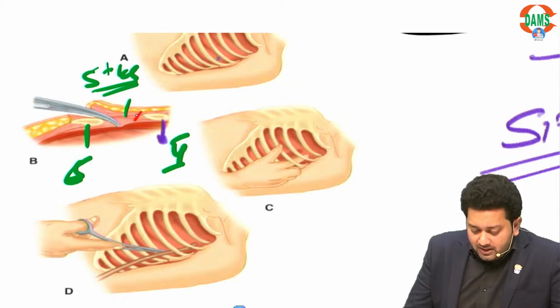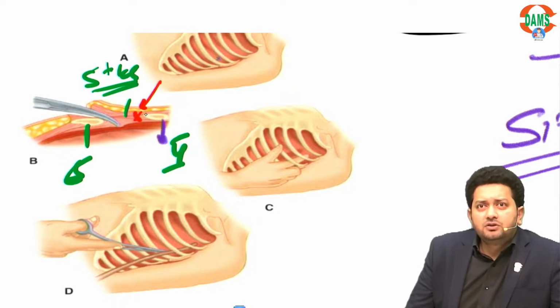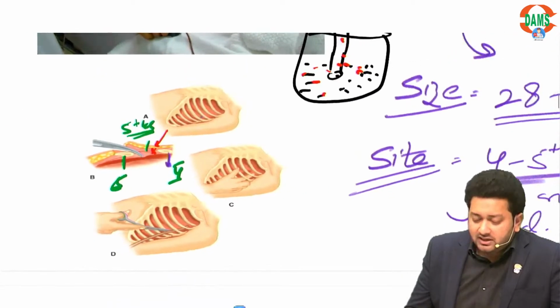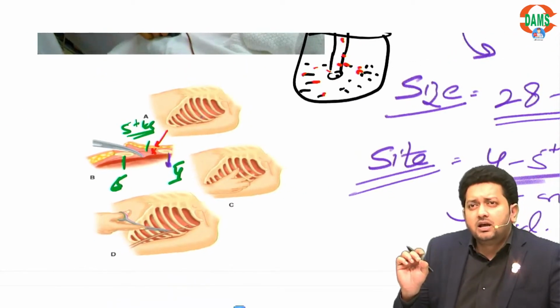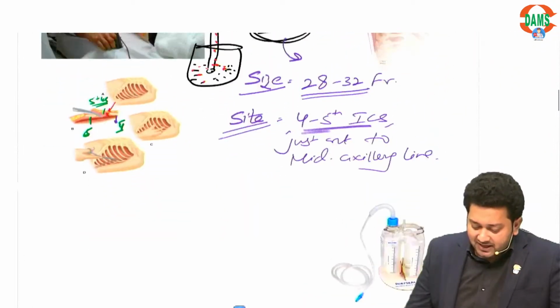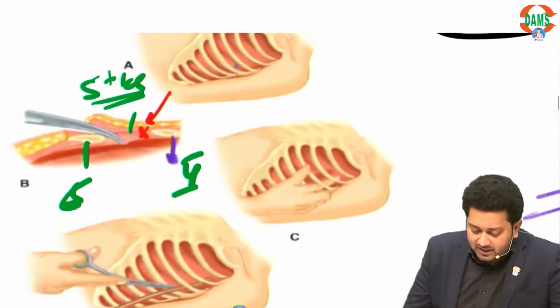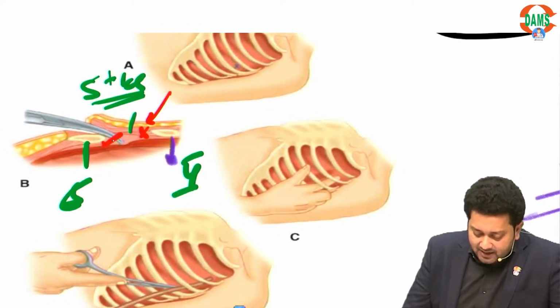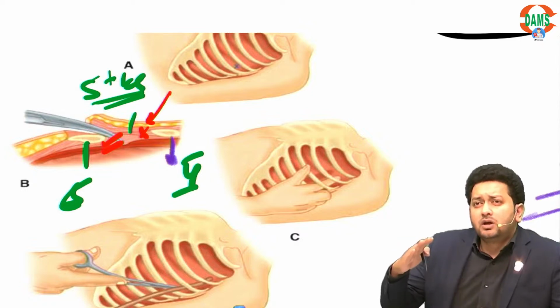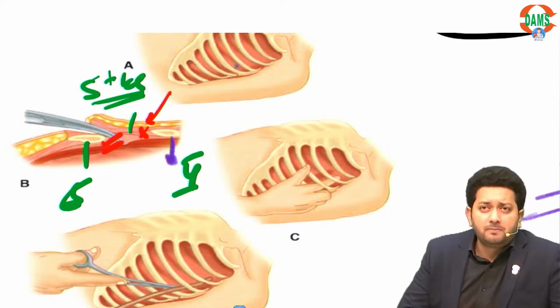You should not go in this area, because this is the area where the neurovascular structures, that is the intercostal nerves and vessels, are running. If you try to do dissection in this area, you might cause more injury. So that's why this is the correct site in the intercostal space. You have to be close to the lower rib, not close to the upper rib.